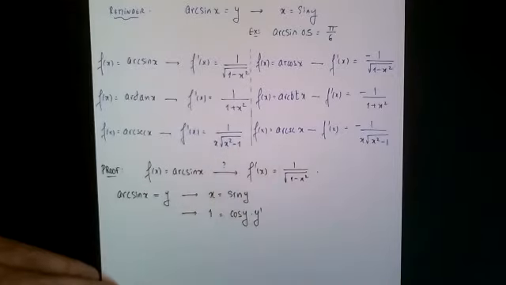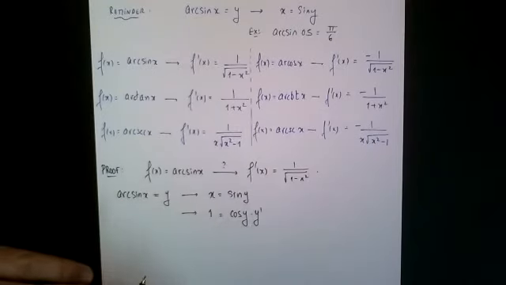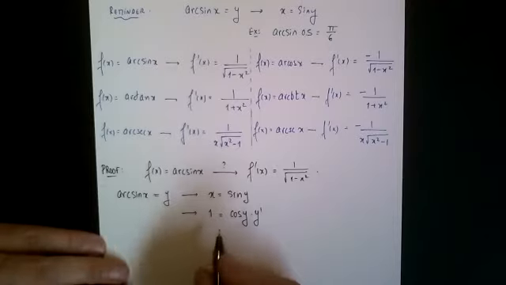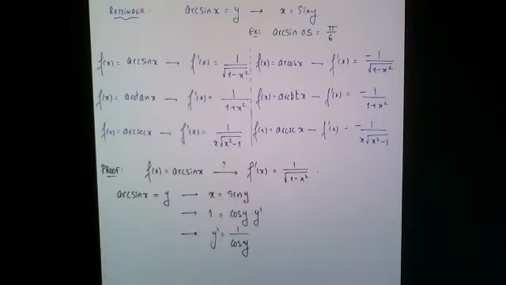Don't forget, y is a function of x. Good? And so that means that y prime is equal to 1 divided by cos y. Any questions?